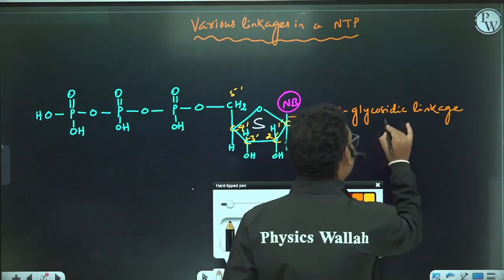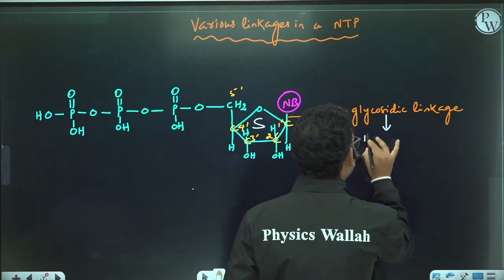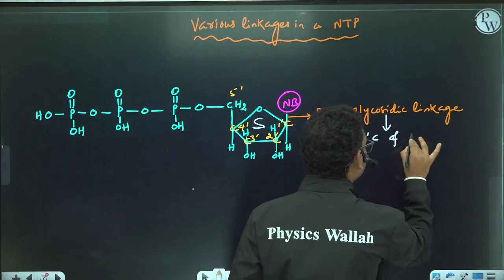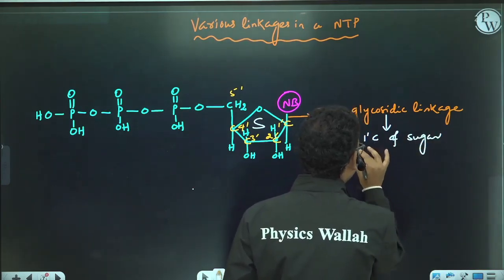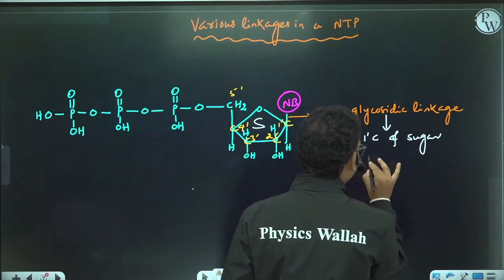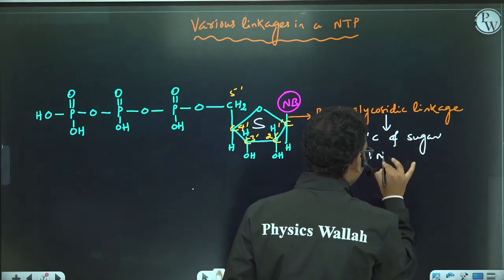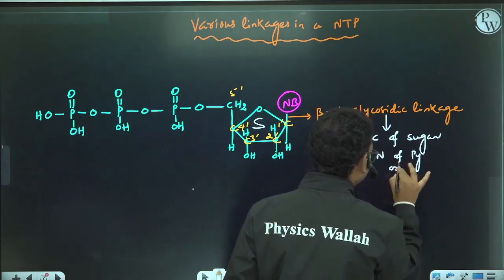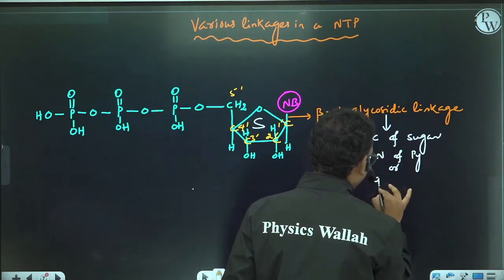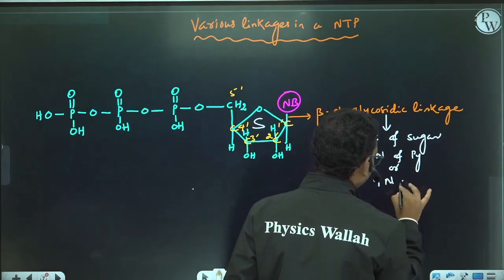Okay, so who are associated over here? It is the 1' carbon of sugar and the first nitrogen of pyrimidine or the 9th number nitrogen of purine.